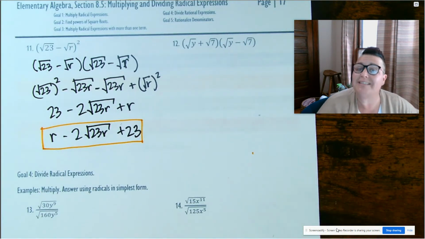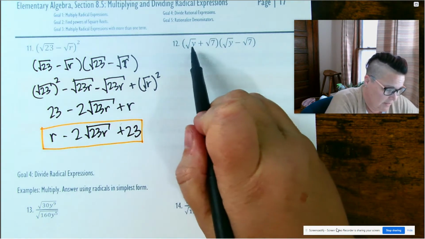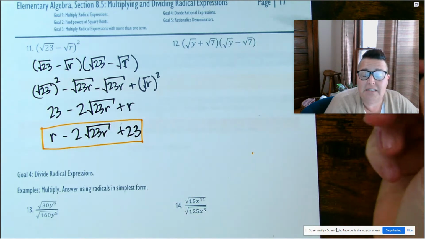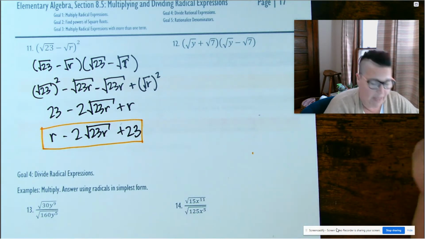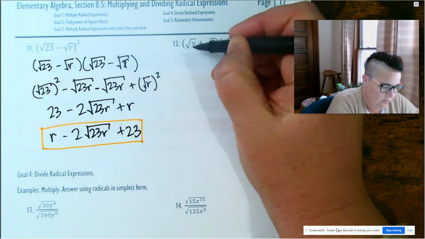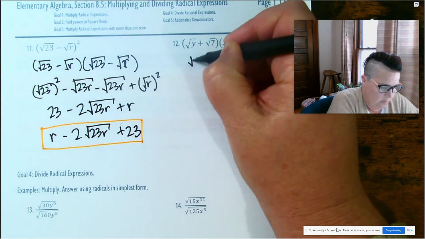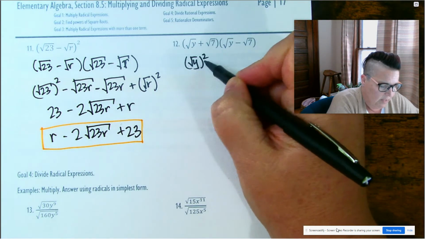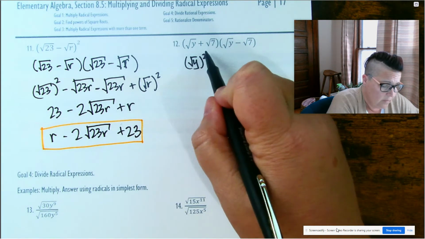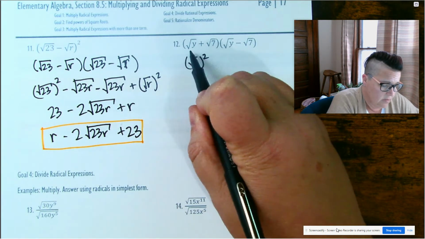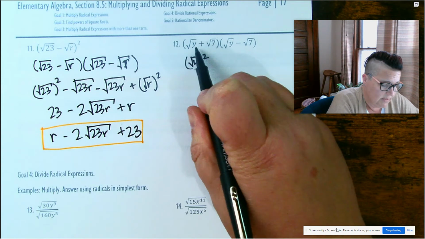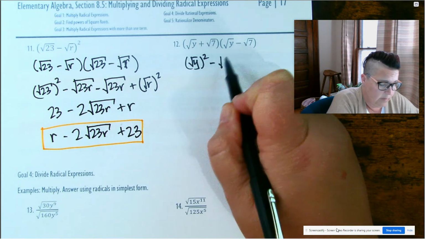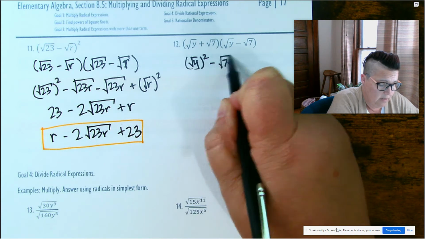Problem number 12 is the difference of two squares. You see that minus and that plus, and they're the same, so this is going to fit our other pattern. If I do the first, that's the square root of y times the square root of y, so that's the square root of y squared. Plus, that's going to be a minus. So outside would be the square root of y times the square root of 7, so that'll be minus the square root of 7y.